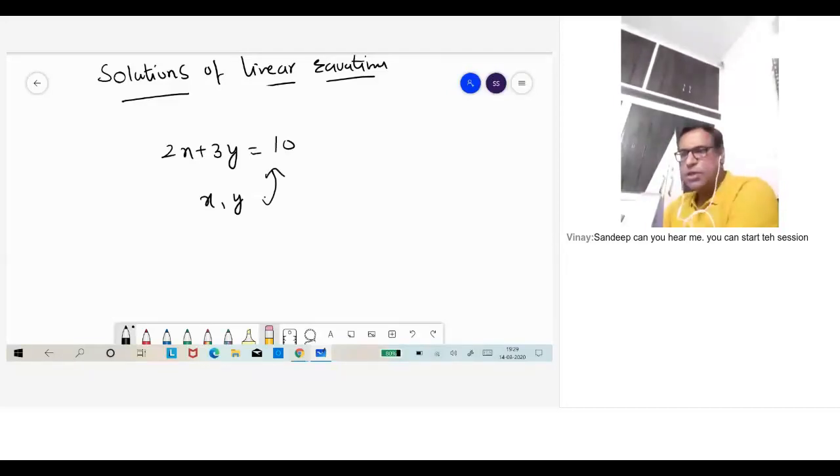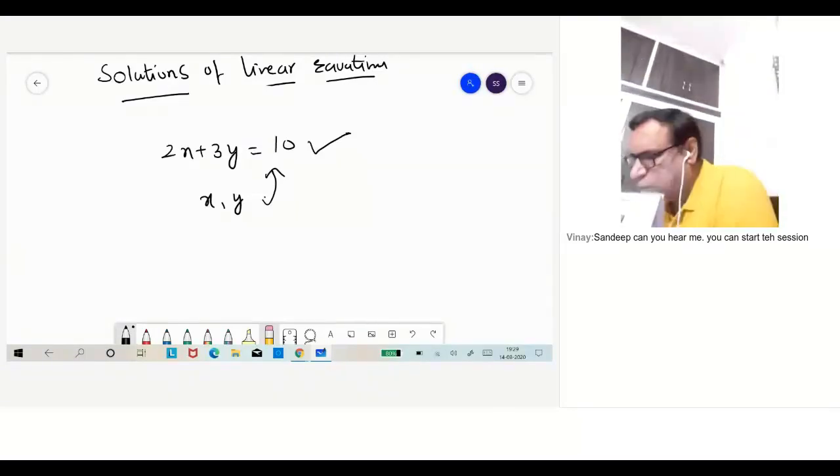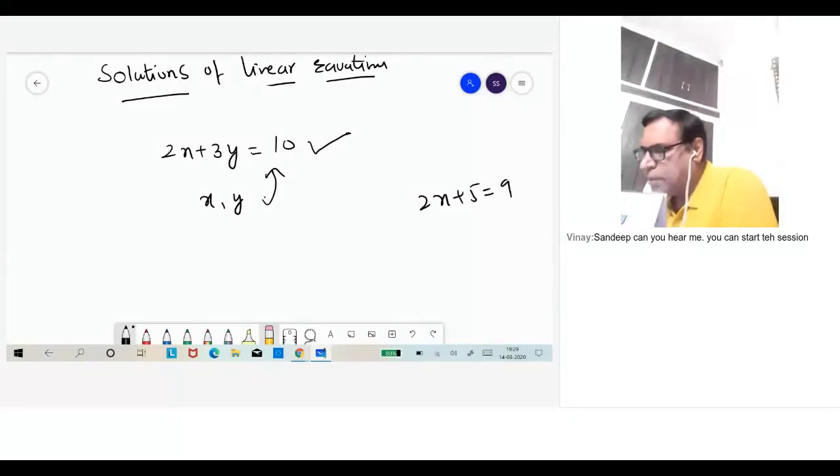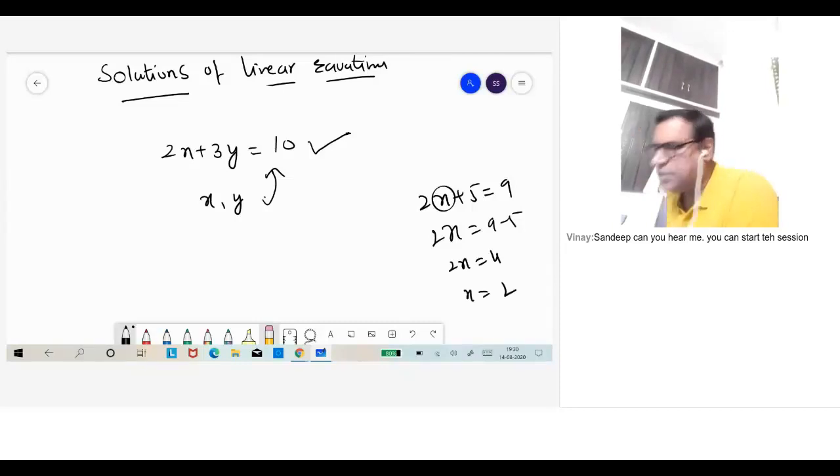Now the most important part to understand here is this: if you have a linear equation in one variable, like the previous example 2x plus 5 is equal to 9, getting the value of x is very simple. Your 2x is nothing but 9 minus 5, 2x is nothing but 4, and x is nothing but 2. It's easy to find.